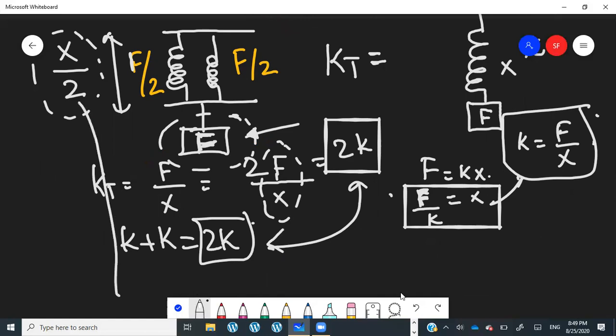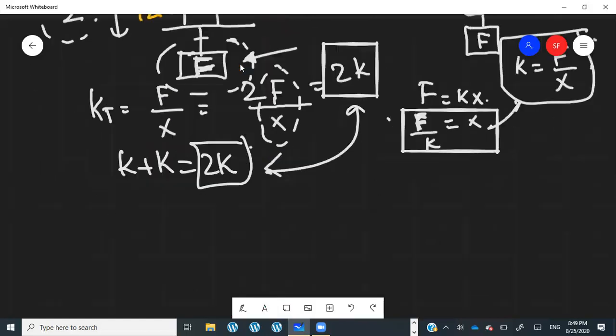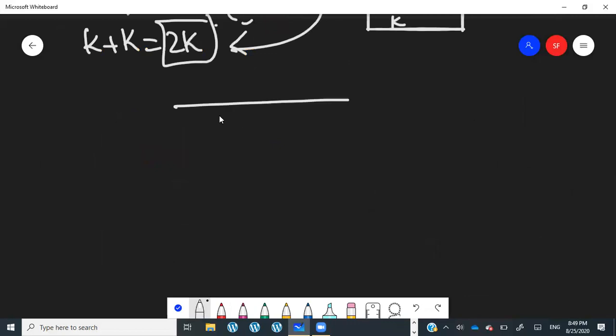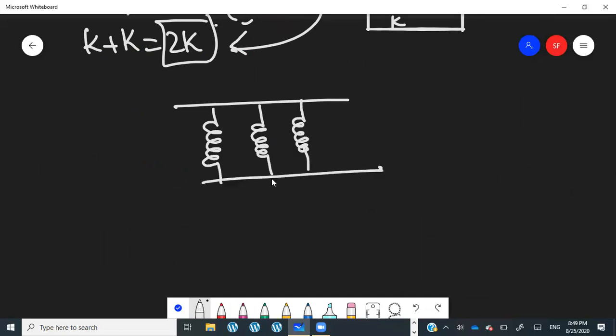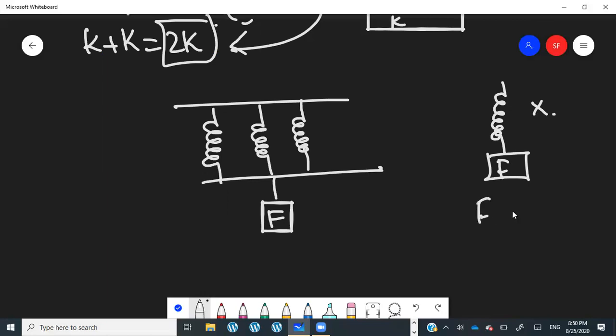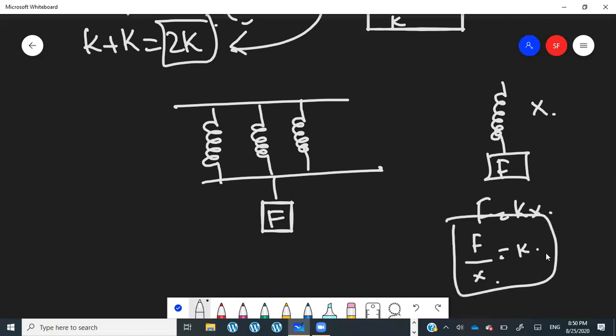I'm going to take one more example over here. Let's assume I have 3 springs. They're all attached to the same force F. Now, if I had a single spring attached to the same force, and the extension was X, and I use the formula F is equal to Kx, the value for K becomes F upon X. Now remember this.